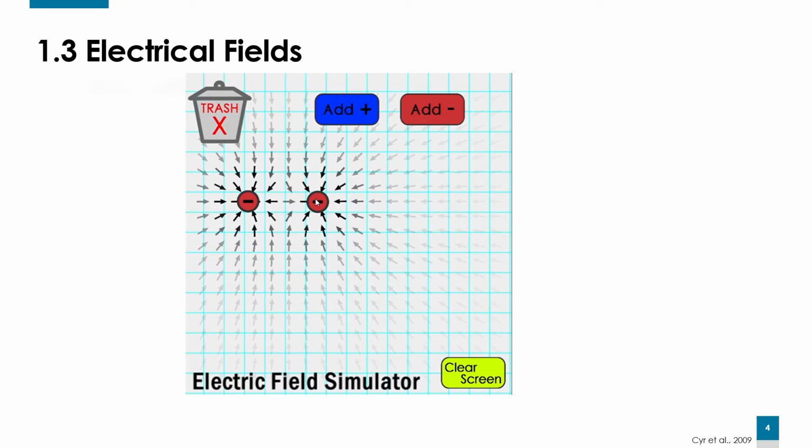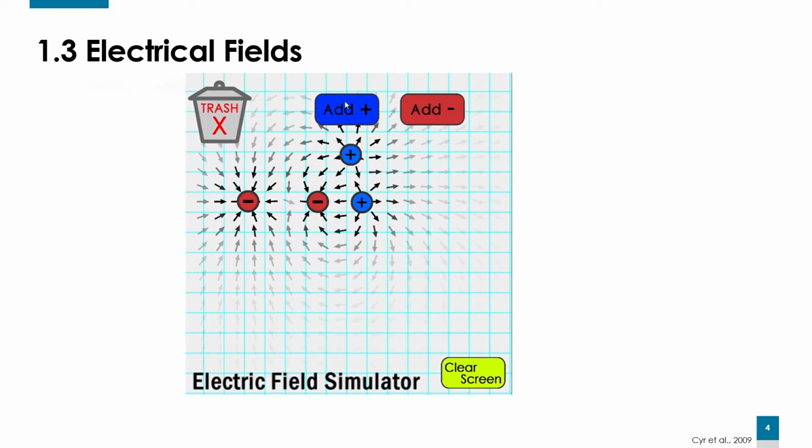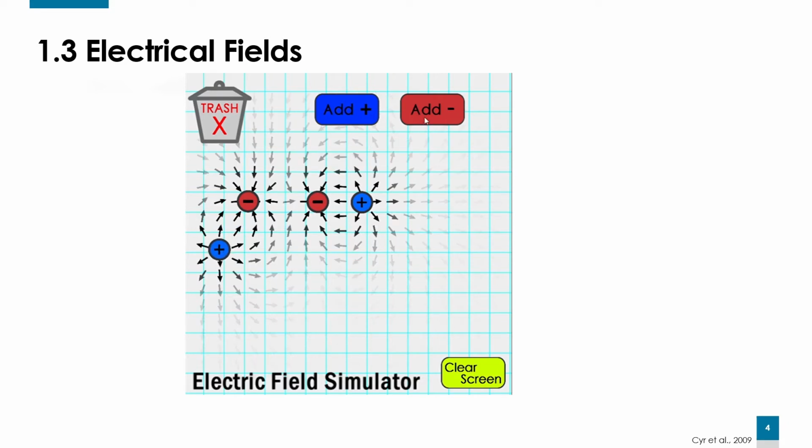You can play with that as much as you want, because in the real world you don't have just two charges, you have more. You can add another positive and another negative and see how all the charges move and behave.